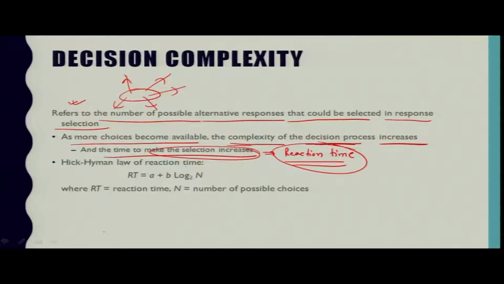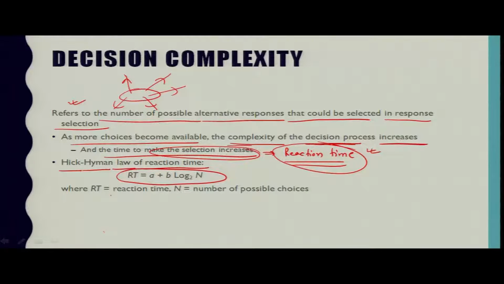So this reaction time can be modeled by a relationship known as the Hick-Hyman law of reaction time, which is expressed as this equation: RT equals A plus B log base 2 n.